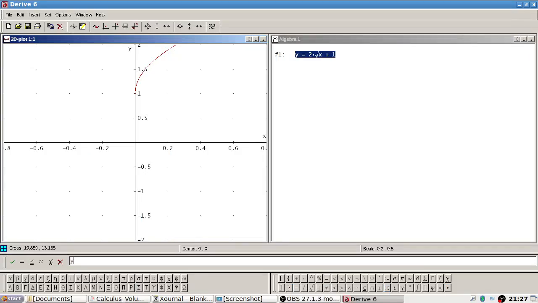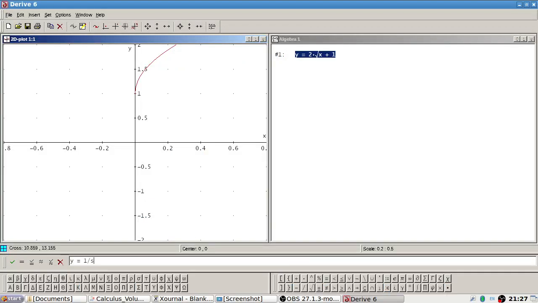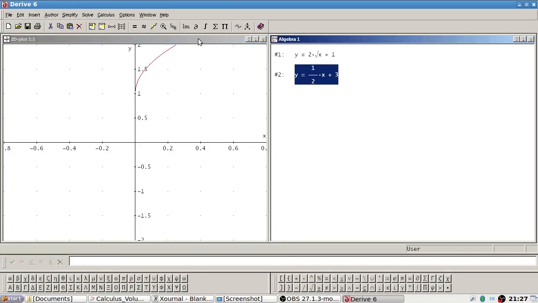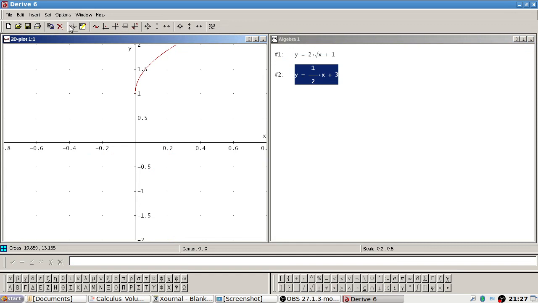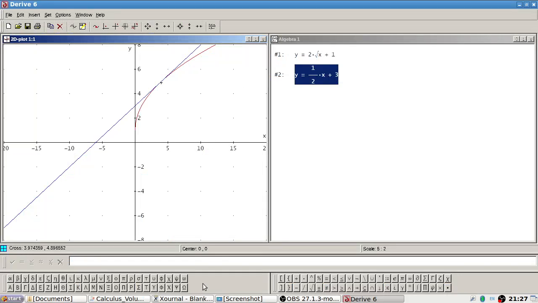Then y equals a half x plus 3. And I'll have to zoom out. Yeah. So where's that at? What's it, about 4, 5, is it? Yeah, 4, 5. Okay, that's good as well.